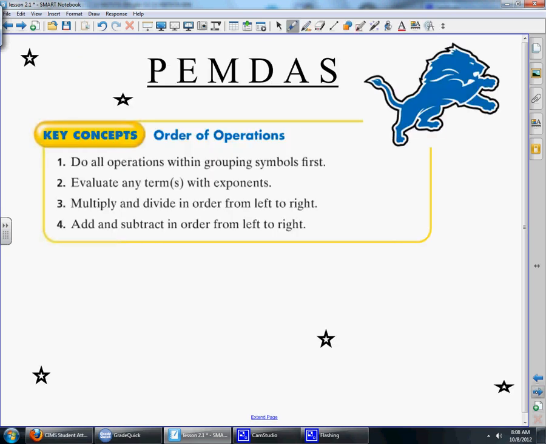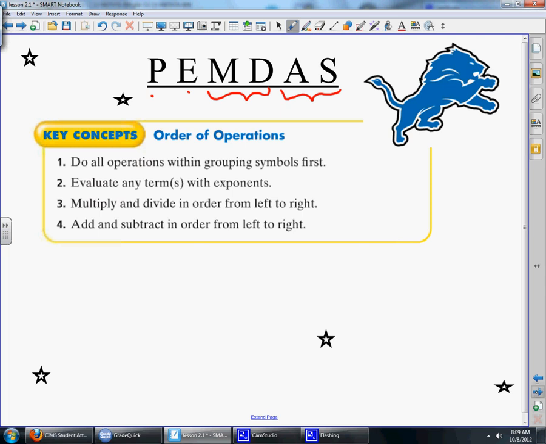Okay, remember when we're talking about order of operations, we did this last week or the week before. We follow PEMDAS, which is parentheses, exponents, and then we combine multiplication or division in order from left to right, and then we combine addition or subtraction in order from left to right.